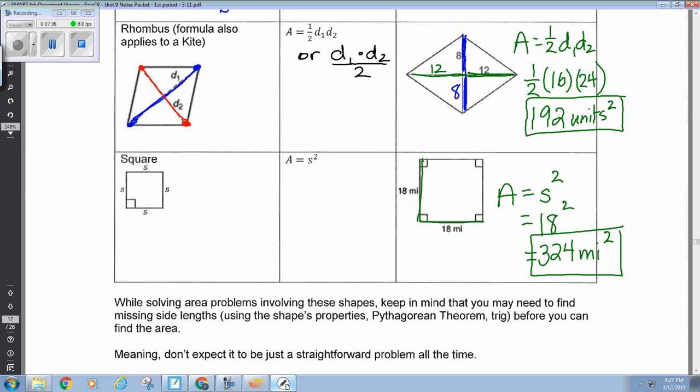So this is just the straightforward, how do we go about solving for area of any of these 4 shapes. Of course, you know it's not always going to be that simple. You may have to use Pythagorean theorem, trig, or one of the shape's properties in order to solve it. So in a second, we'll look at how we solve a problem like that.